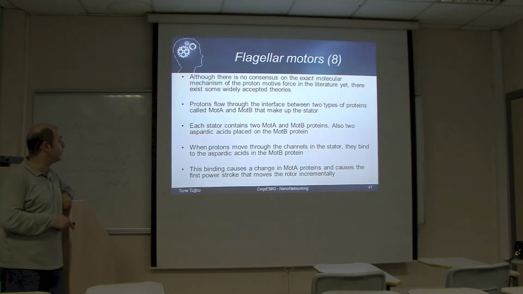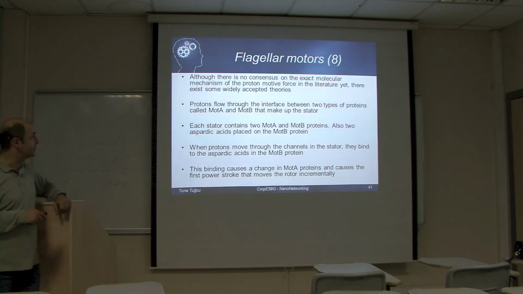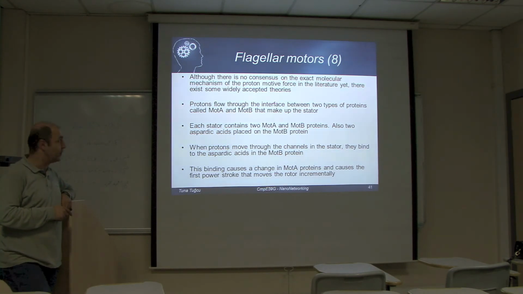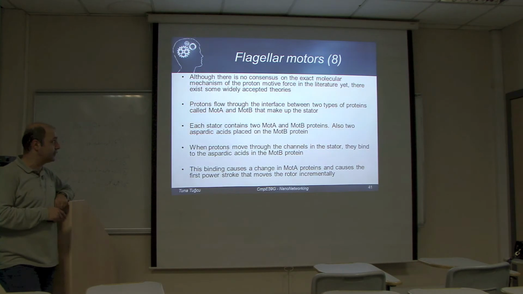instead of electromotive force. Although there's no consensus on the exact molecular mechanism of the proton motive force in the literature yet, there are some widely accepted theories. The protons typically flow through the interface between the two types of proteins, which are called MotA and MotB proteins, which make up the stator.